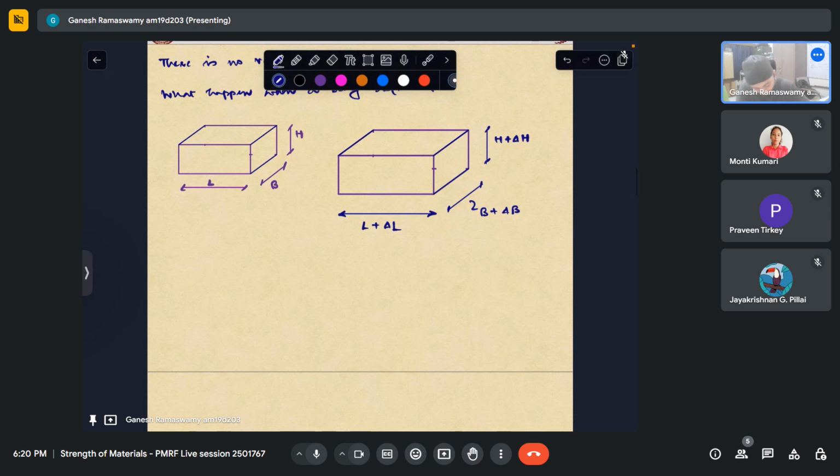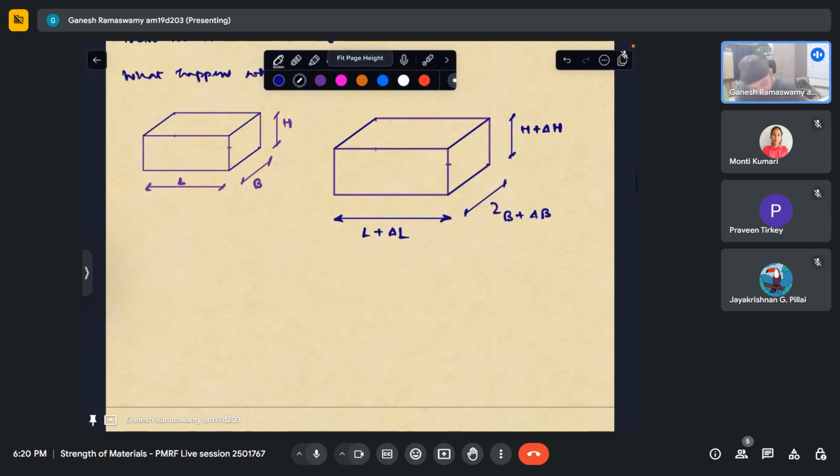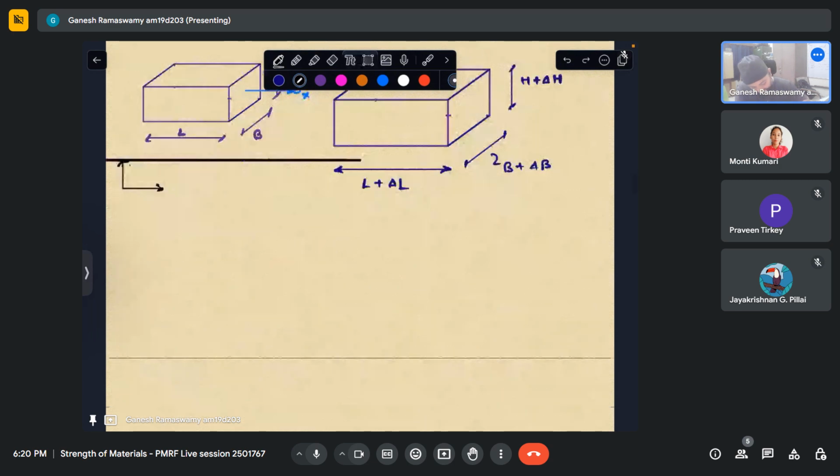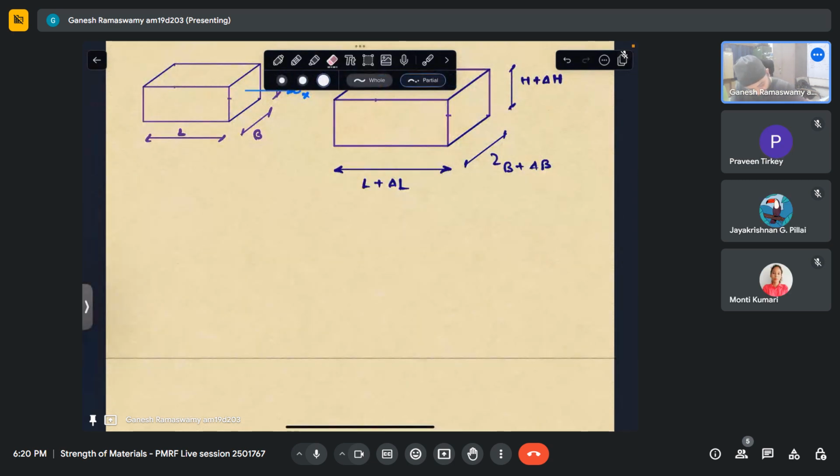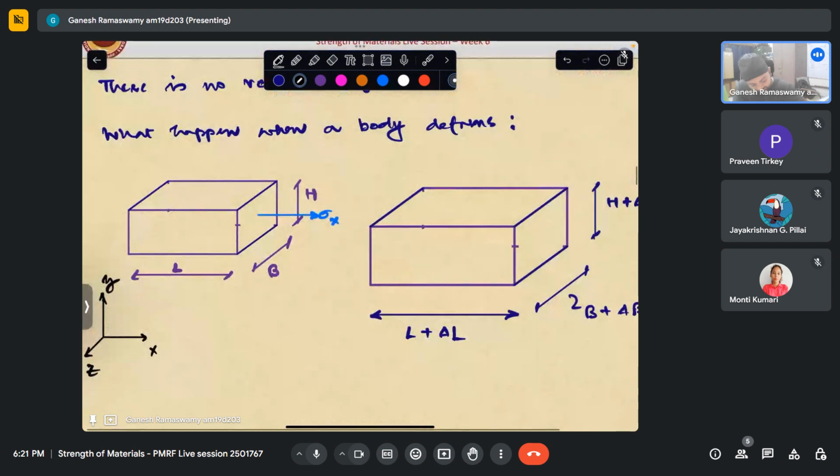So now let this be subjected to sigma x, and let the coordinate system be like that: X, Y, and Z. So let this be subjected to sigma x in this direction, sigma y, and sigma z.